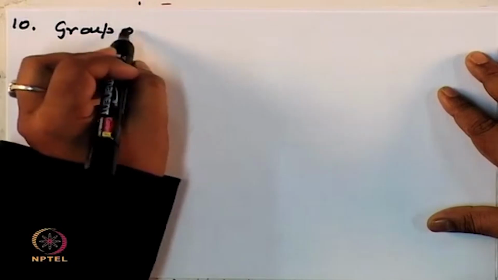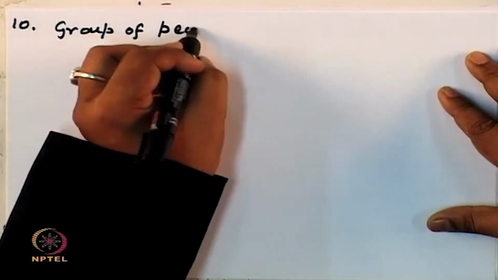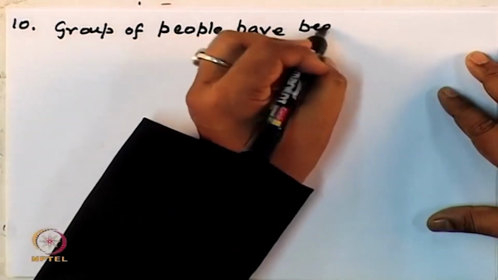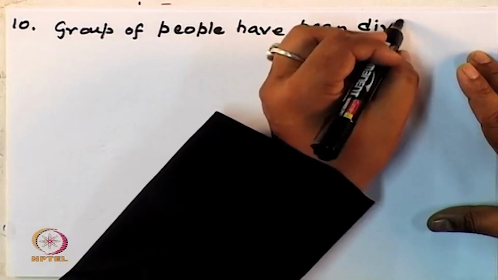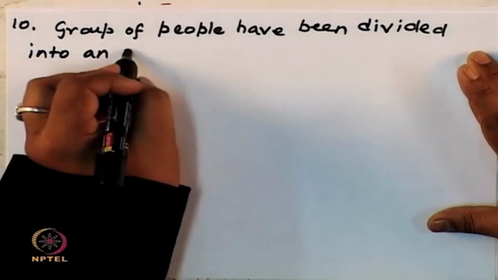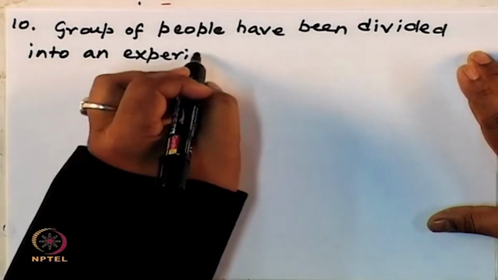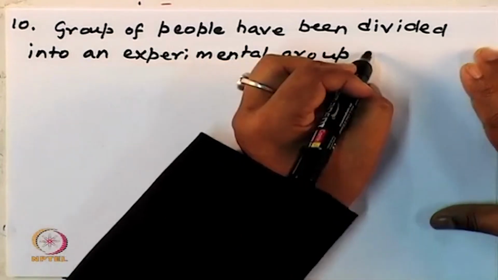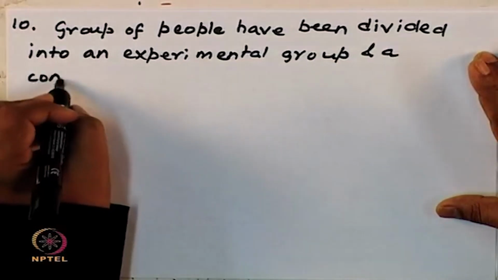Okay. So, let us take another two examples to clear these ideas. So, imagine that a group of people have been divided into an experimental group and a control group.